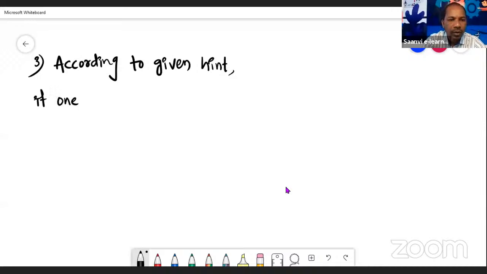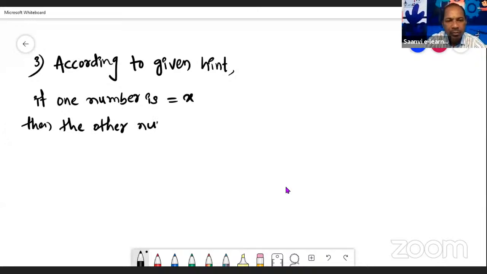If one number is x, then the other number, what is it saying? x minus 36. Right? If one number is x, then the other number is x minus 36.